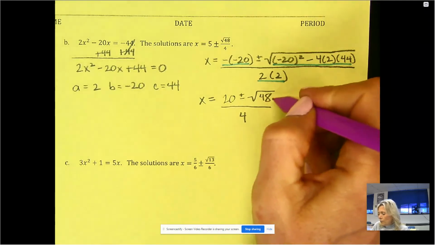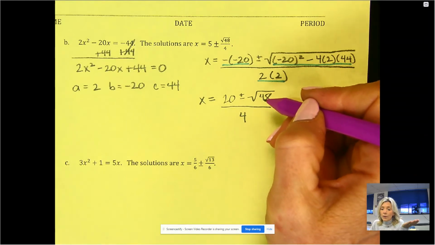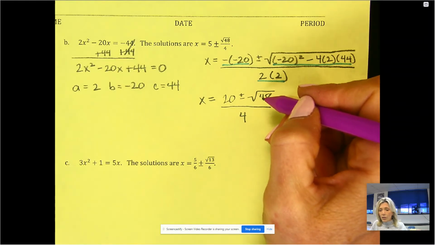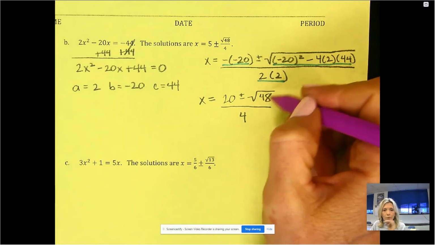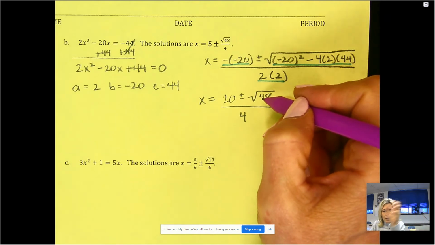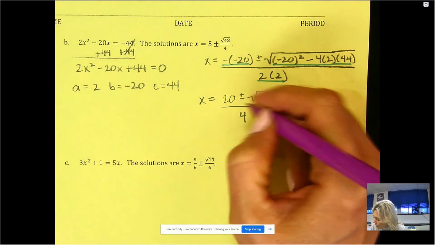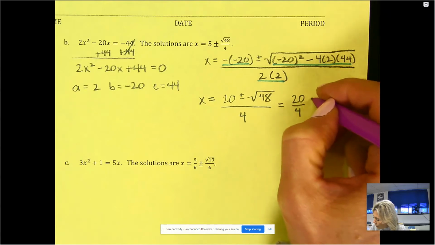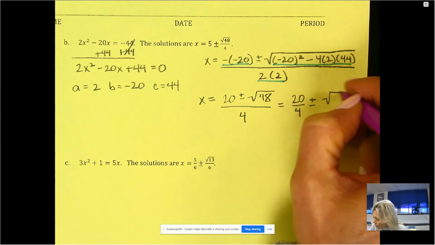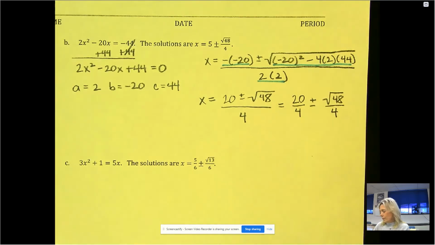Okay, the square root of 48, it's not a perfect square. It just stays there. I can't do any simplifying with it because it's locked into that radical. But I can break apart, do 20 divided by 4 plus or minus the square root of 48 divided by 4.